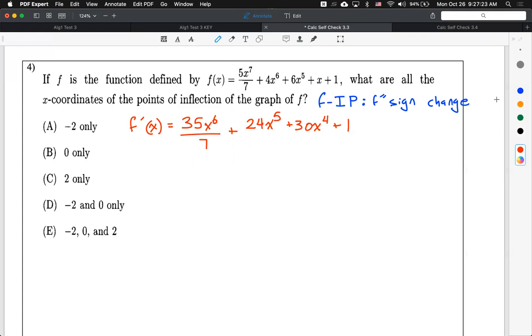Another way of seeing that is when I have the 7 that comes down in front, the 7 and 7 cancel each other out, and I'm just left with the original 5. That's why I thought you said 5. So I'll say 5 is still there. And then, Andrea, find the second derivative.